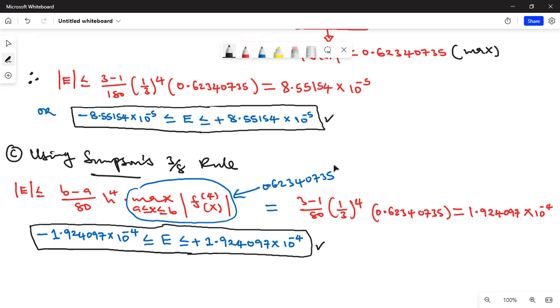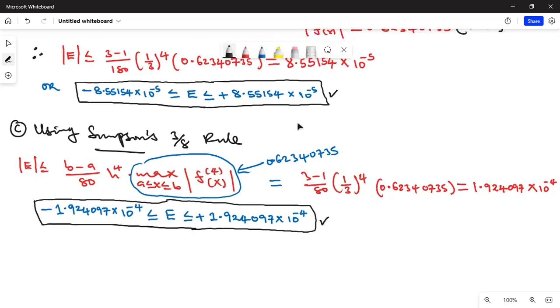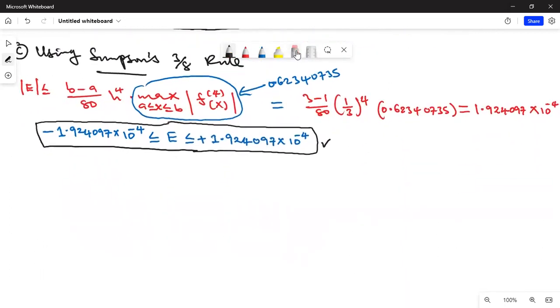And finally, let me show you how to find the exact value of that integral. So you can write a subtopic here, exact value. When you talk of exact value, what you need to do is to use the techniques of integration.